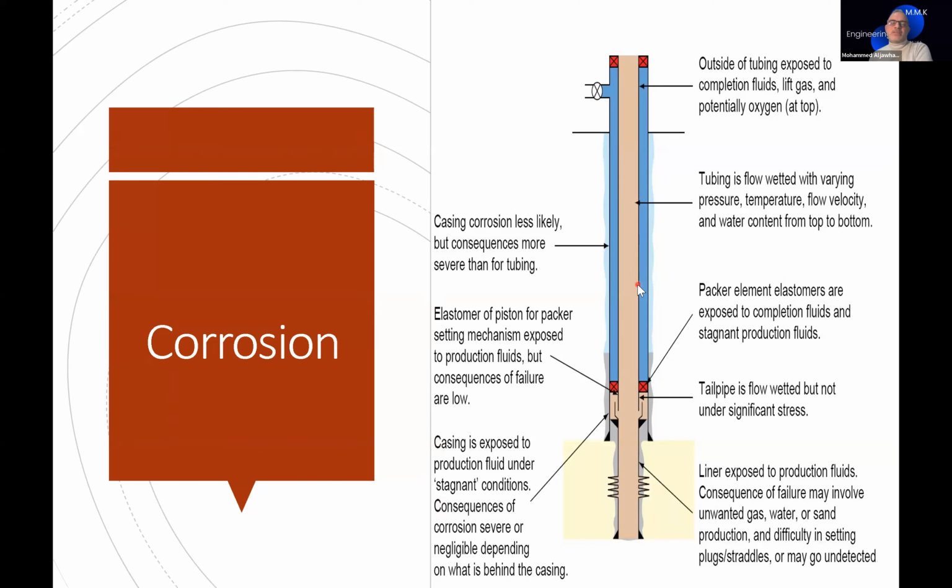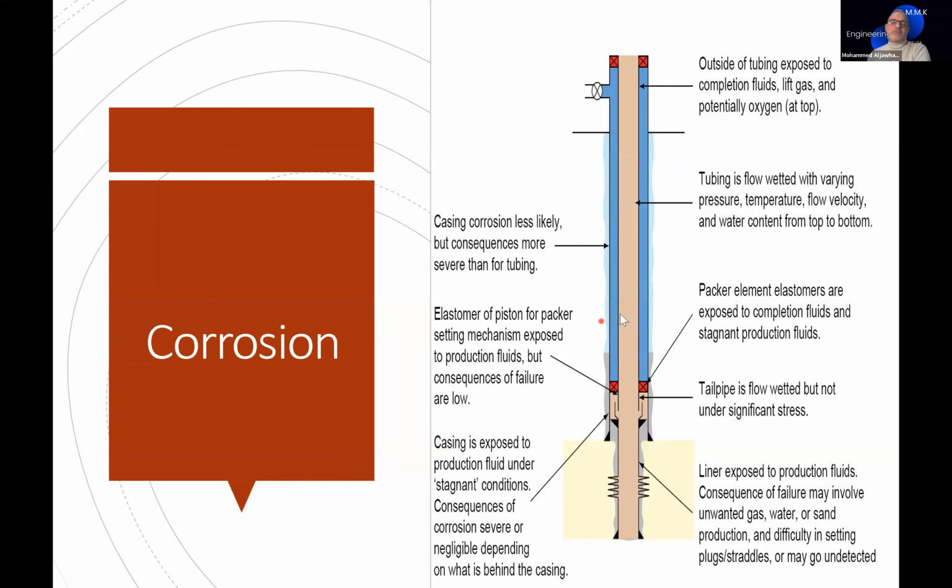This scratch starts to become a puncture inside the casing, because when we have some chemicals, they help puncture the casing from the outside to the inside, and we have a water breakthrough, and we have corrosion in the whole casing or tubing.